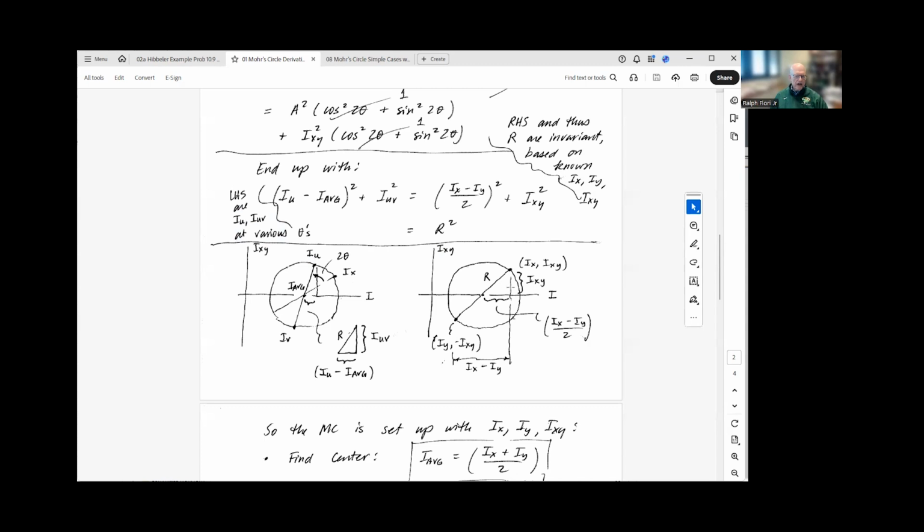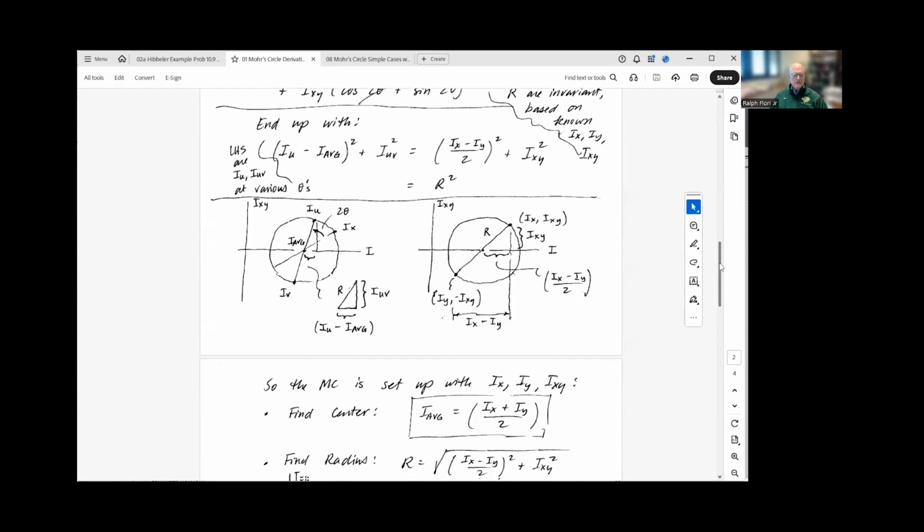And then the vertical leg of this triangle is IXY, because again, we're plotting this point, which is IX on the horizontal axis and IXY on the vertical. So that forms a triangle. And so IX minus IY over 2 squared plus IXY squared gives you R squared.